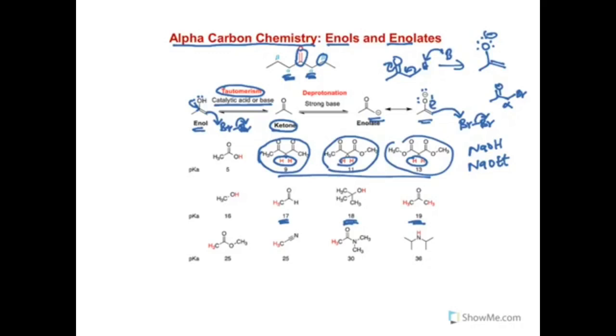So if we try to use something like sodium ethoxide or sodium hydroxide to deprotonate a ketone, then the ketone will not be fully deprotonated, so it's going to exist in equilibrium with the enolate, and then the enolate will be able to attack the ketone to form what we call an aldol product.